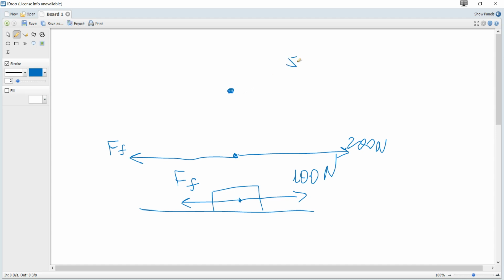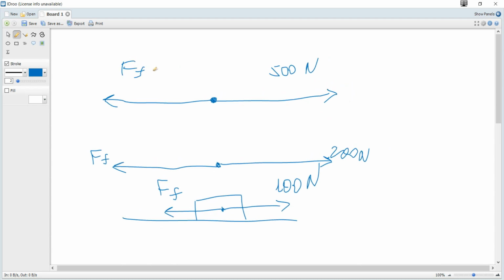For example, let it be 500 newtons. And also the frictional force is equal to 500 newtons, but it's a moment when it just starts to move.